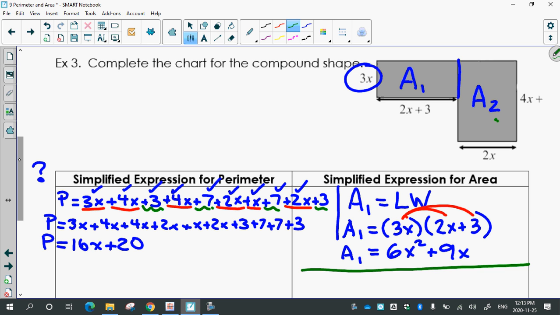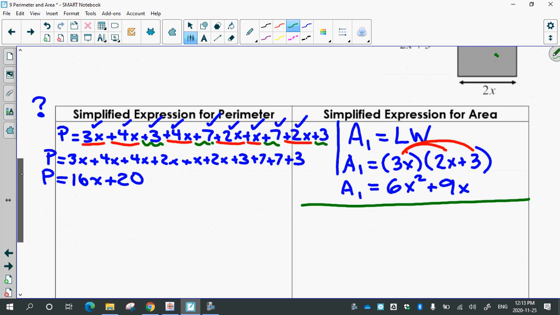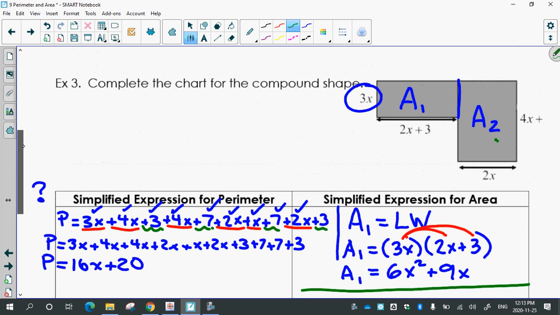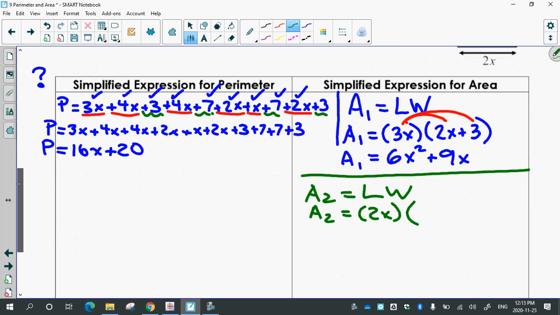Okay, lots of people who are having success with area 2 here. They've got length times width. They chose the 2x to be their length, and the 4x plus 7 to be their width. And they have the arrows drawn up. Perfect.